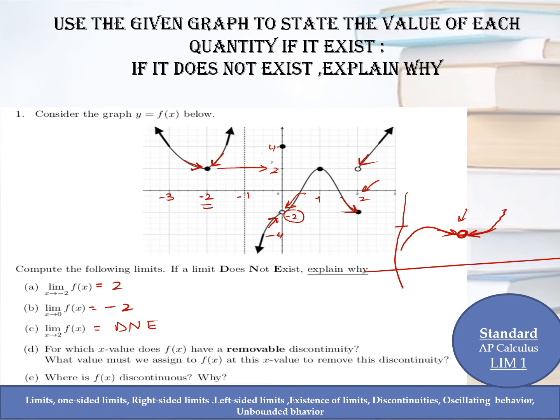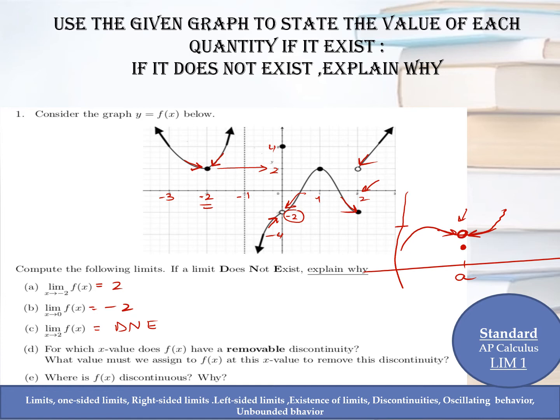Maybe a point is given at some other value, or maybe it is not given. But whenever the two lines coming from the left and the right are reaching the same height, but there is a hollow point at which the function is not defined, then you can say that is a removable discontinuity.